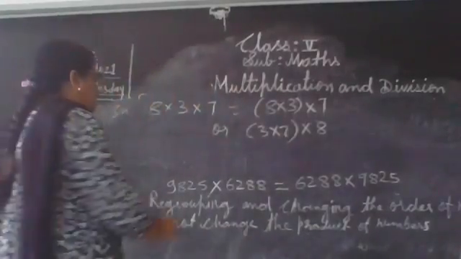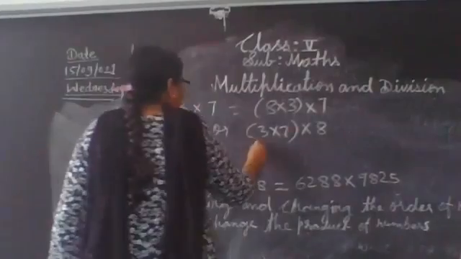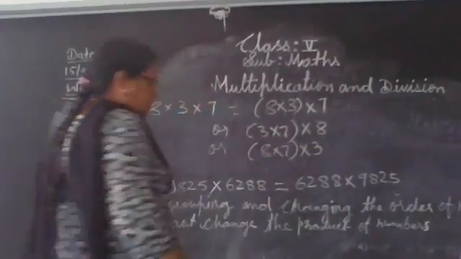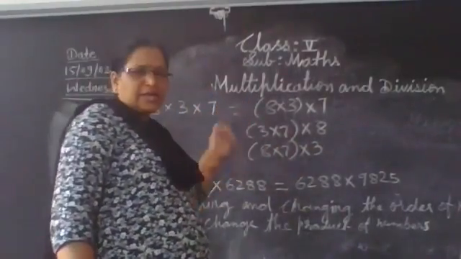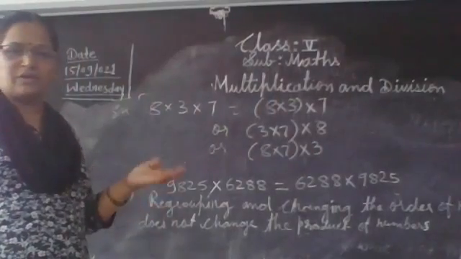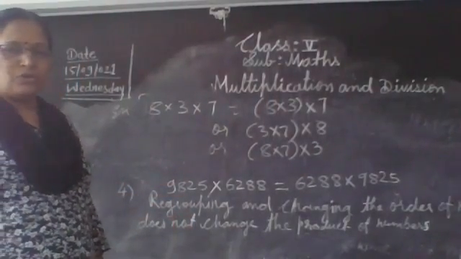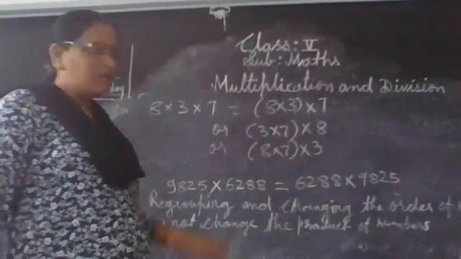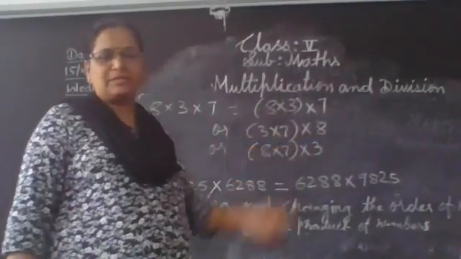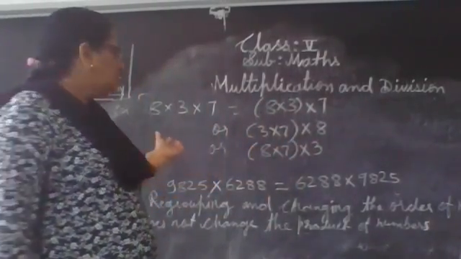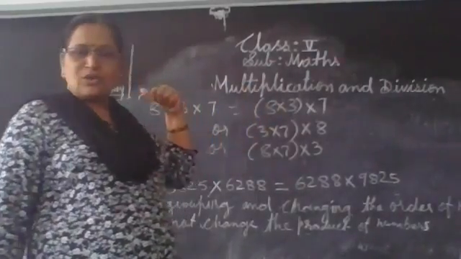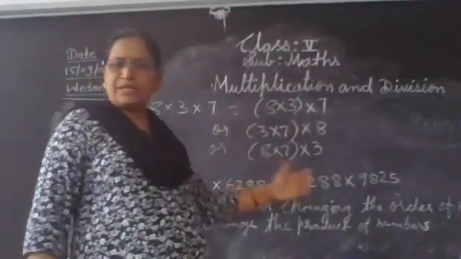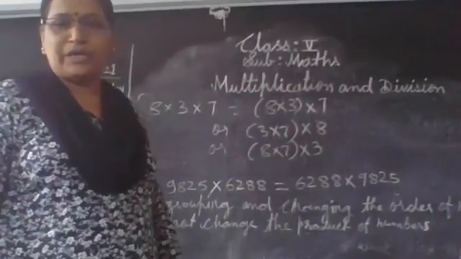Or you can do 8 multiplied by 7 and multiply the product by 3. Check whether you get the same answer or not. You will get the same answer if you change the order or regroup the numbers and then multiply. Every time you will get the same answer. This property is known as associative property. Got it, children?